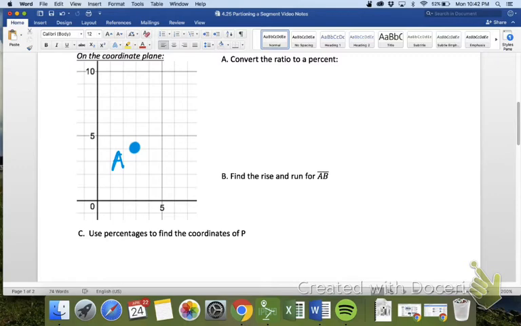And point B is at the point 6, 10. And now I'm going to draw the line connecting those 2 points. I'm going to do the best I can to draw this line. That looks pretty good.